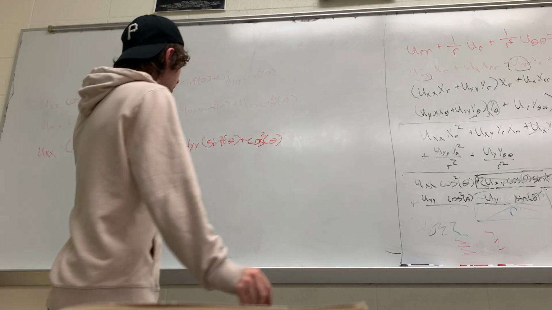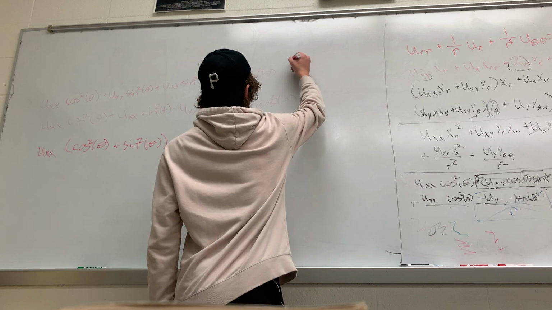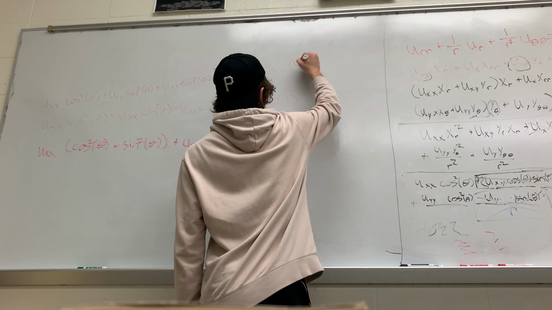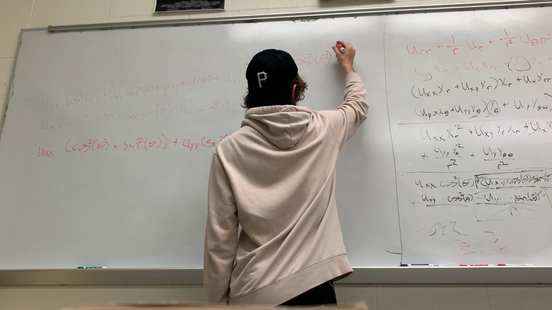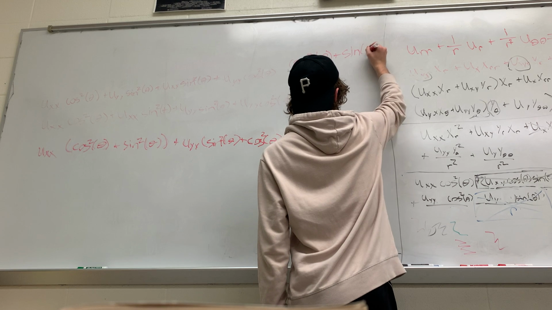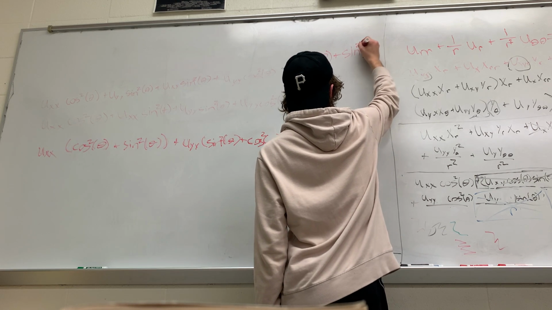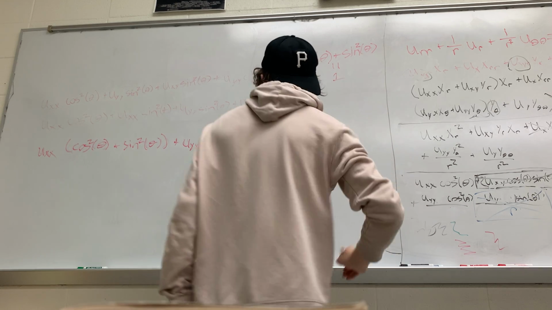And as we have the identity cosine theta squared plus sine of theta squared is equal to 1.